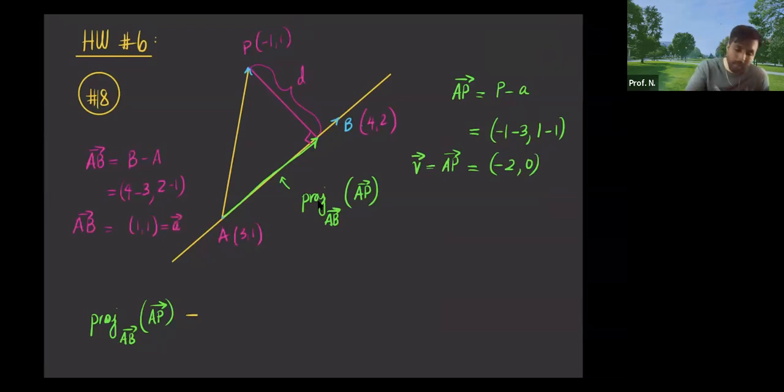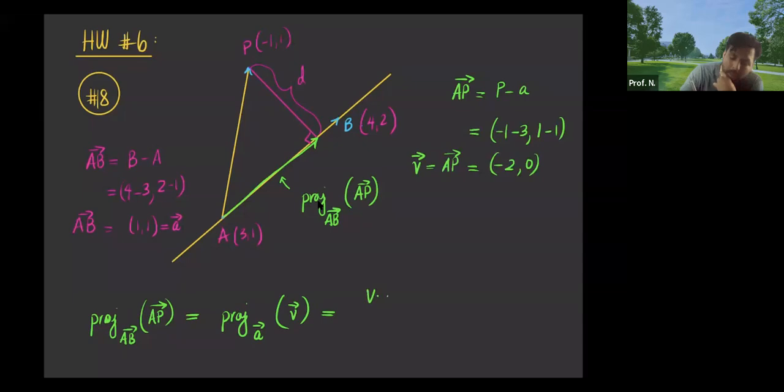So then if I want to rewrite this, this is the projection of V along A. What would be the formula for this? This is more of a formula question. It's V times A. Yeah, that's right.